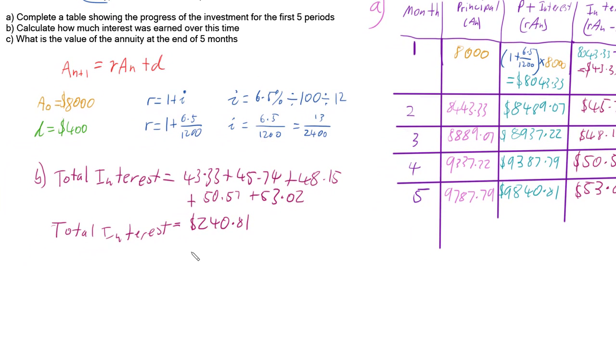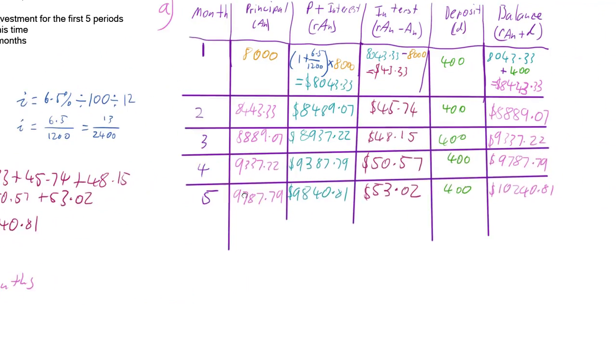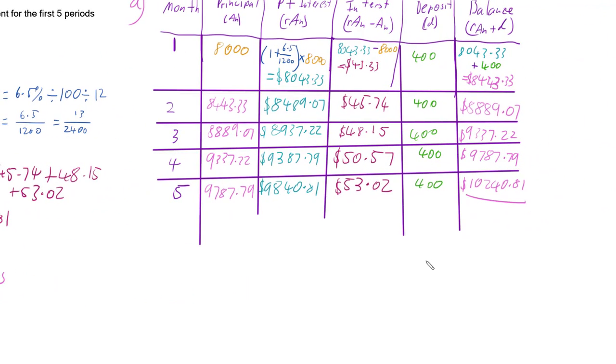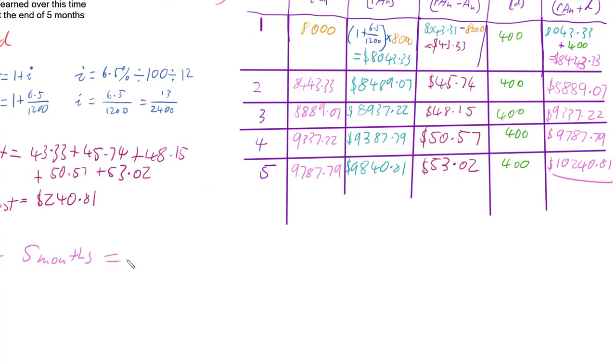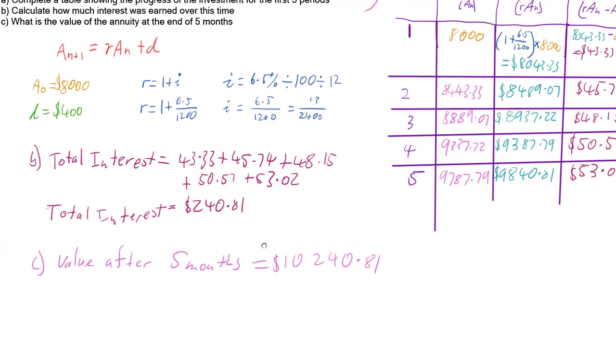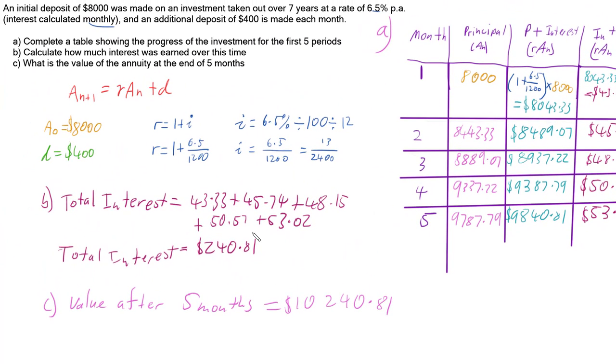Now part C, what is the value of the annuity at the end of the 5 months? The value after 5 months, all we have to do is just read off of our table, this number here. So our value after 5 months is $10,240.81. So there we have it.